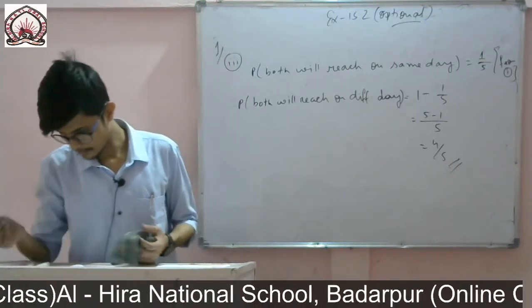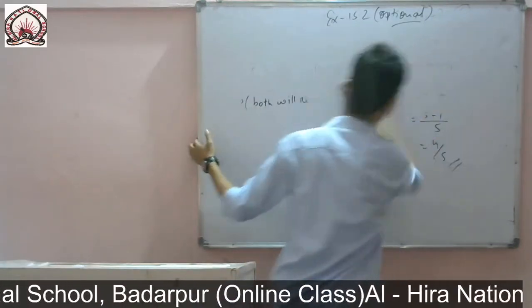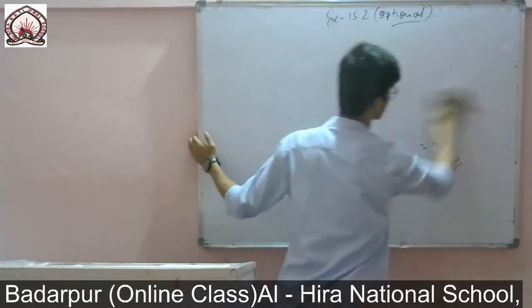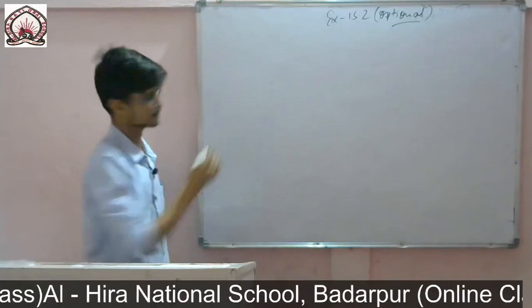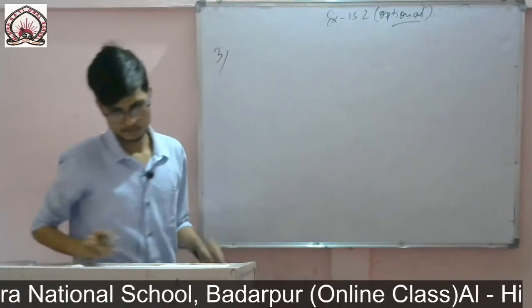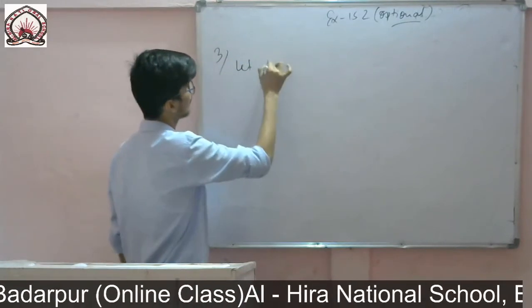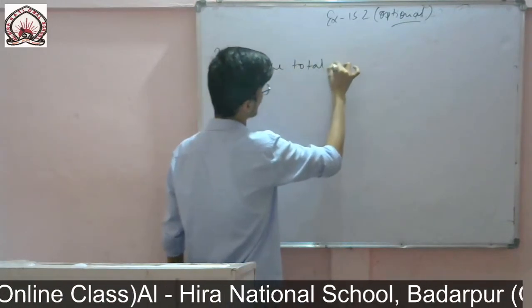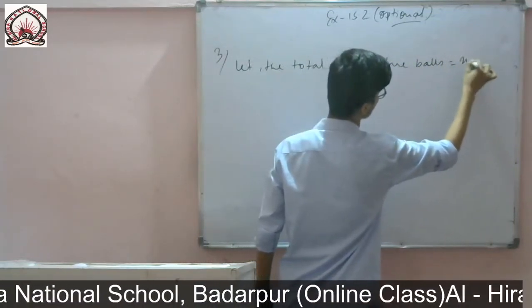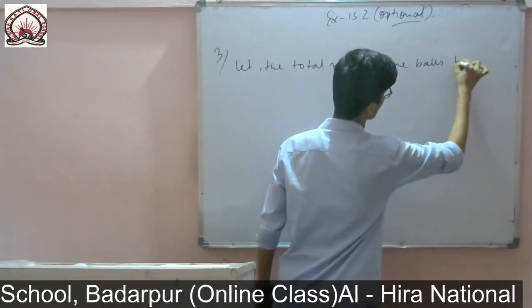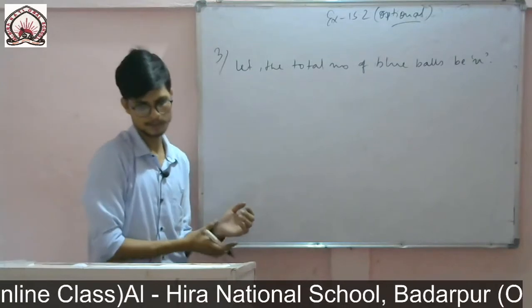Here it is simply given. Let me write. So the question is to find the number of blue balls. Let the total number of blue balls be x.